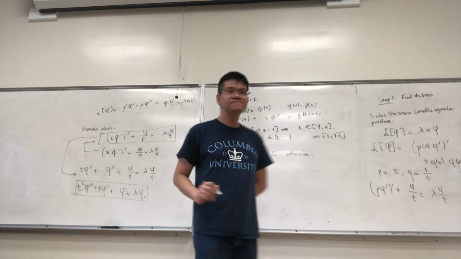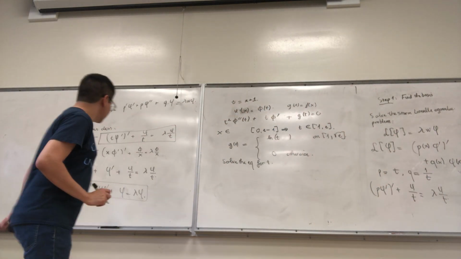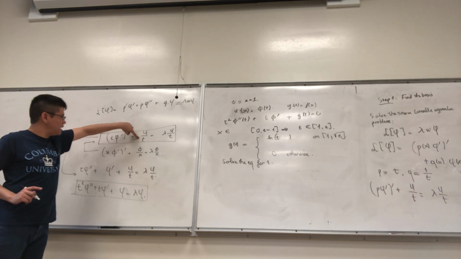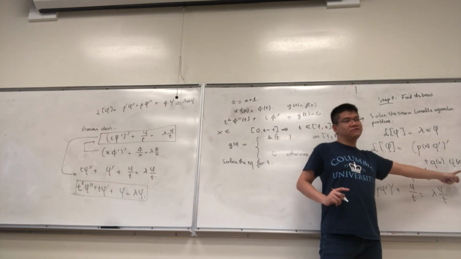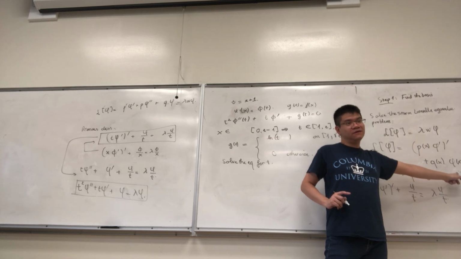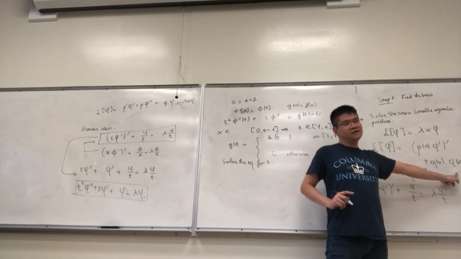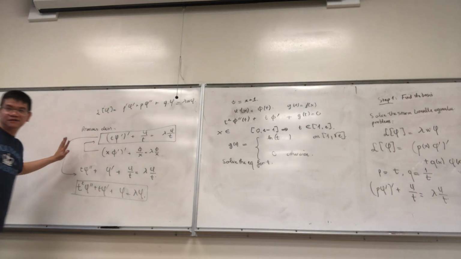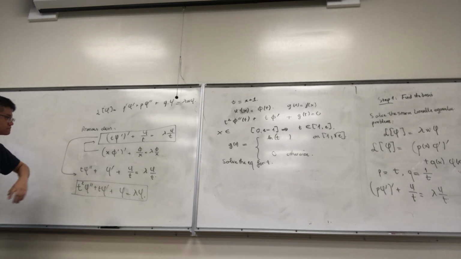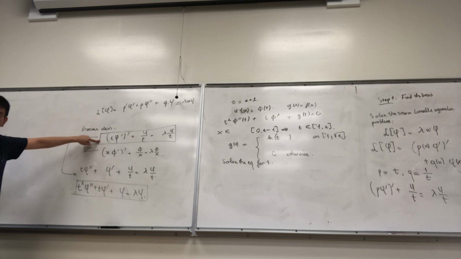How do you know that q is 1 over t? Because here I have 1 over t as the coefficient of the extra phi, right? Wasn't that the example from the previous class? Yes, I'm still on this example, right?